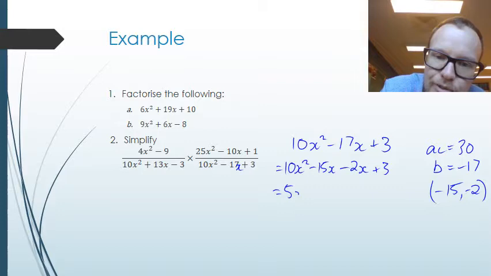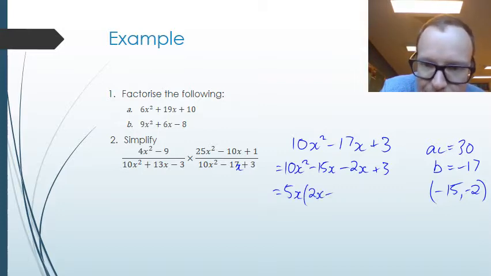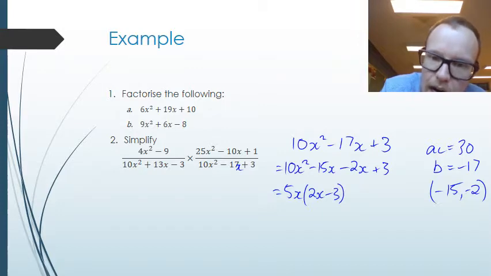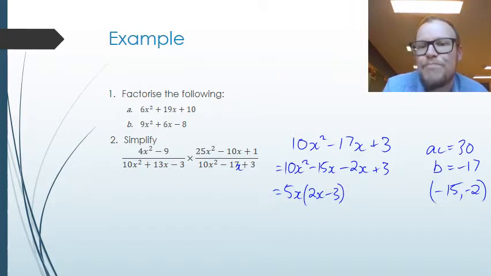We've got a common factor of 5x, take that outside the brackets, and we get 2x minus 3. Yep, that all seems fine. Then we've got minus 2x plus 3. So if I want that to stay a plus 3, we're probably going to have that as plus 1.